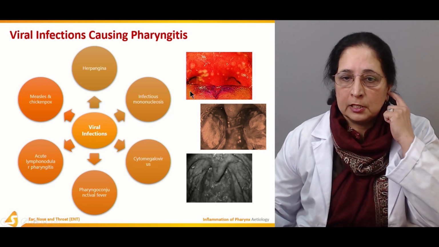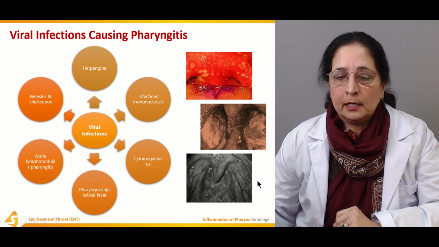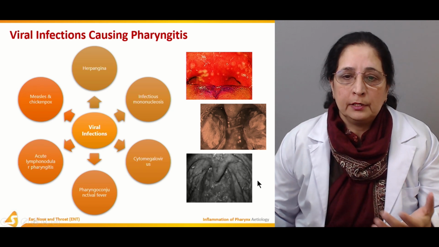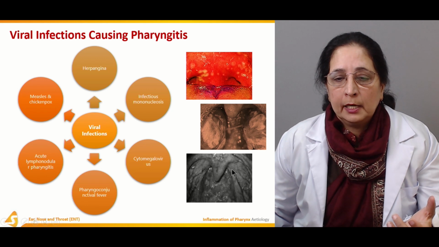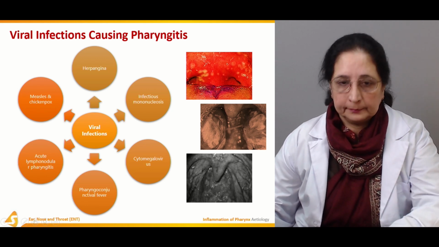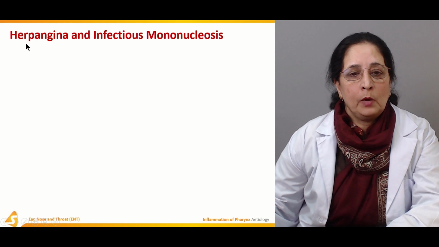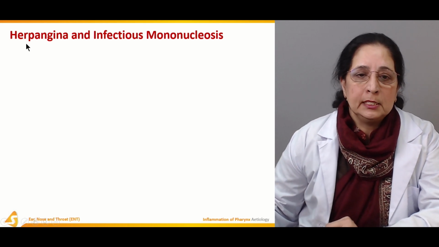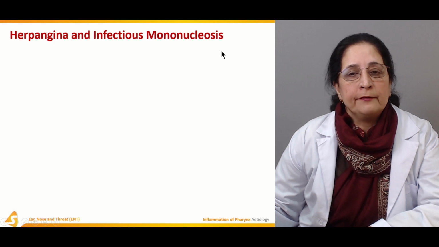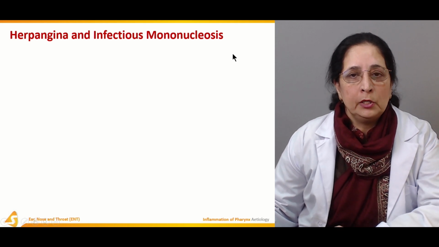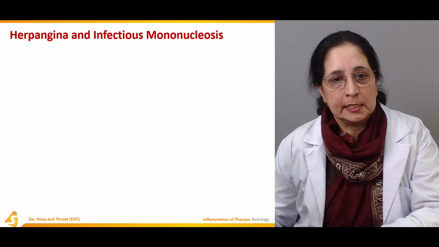These are the pictures that give the different presentations or appearances of the throat in the viral infections. So one by one, let's talk about these infections. First, the herpangina and the infectious mononucleosis type of pharyngitis.